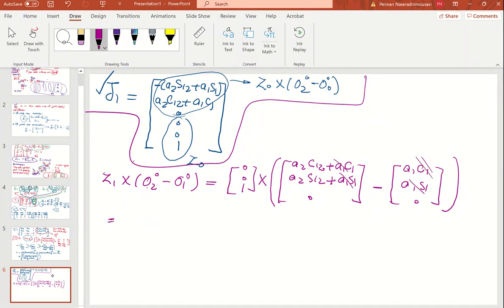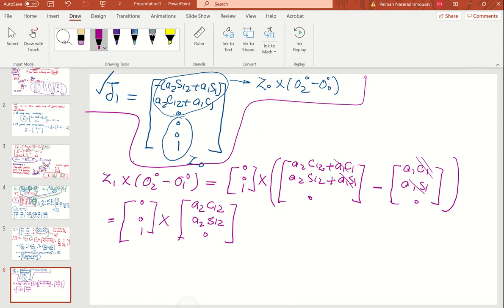What you get finally is 0, 0, 1 cross product of A2 cosine 1 2, A2 sine 1 2, and 0.